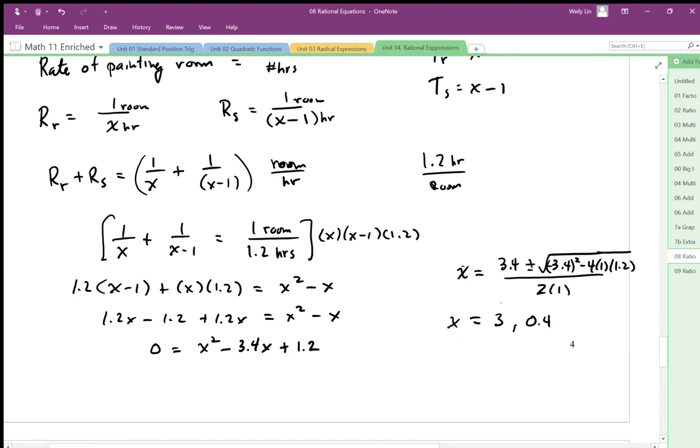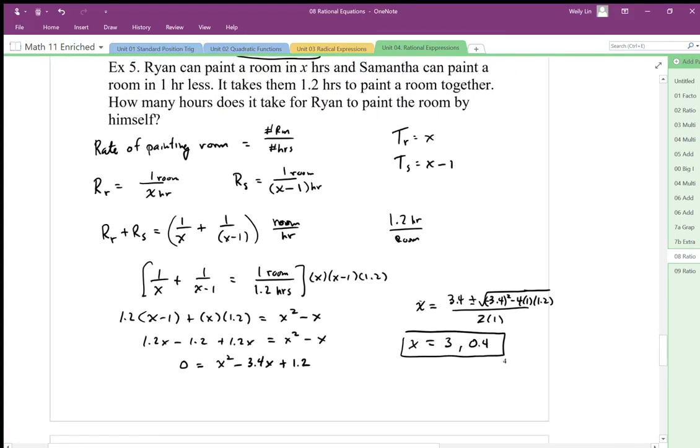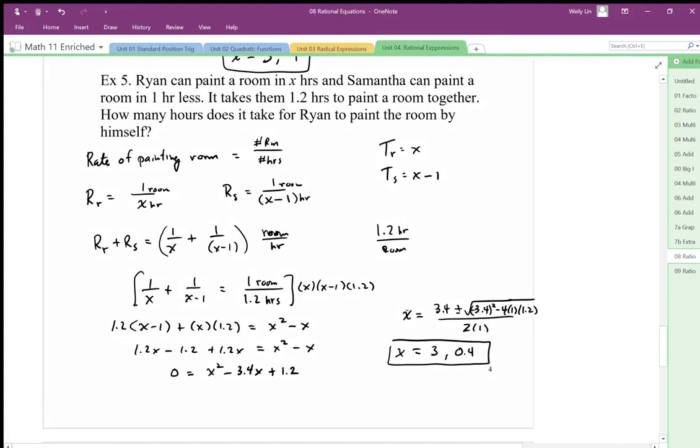So let's check our solutions here. This is claiming that Ryan can paint the room in 3 hours, and then that would make Samantha paint the room in 2 hours, and together they would paint it in 1.2 hours. That's reasonable. For 0.4, I think we're going to have to get rid of that solution, because if Ryan paints the room in 0.4 hours, Samantha would paint the room in negative 0.6 hours, which is not possible.